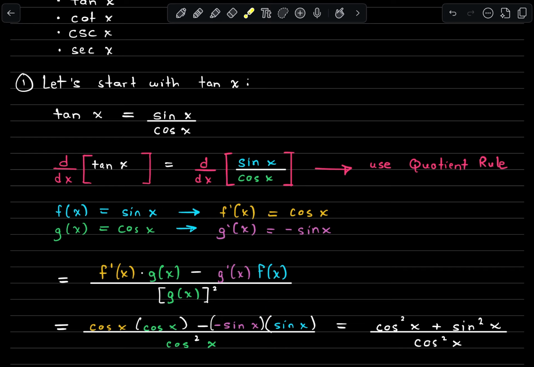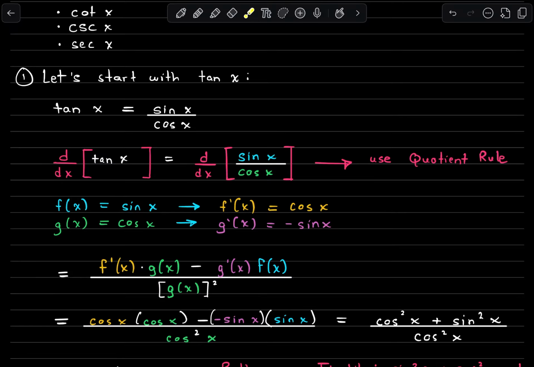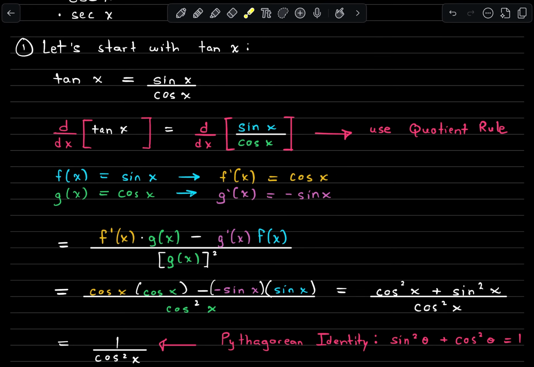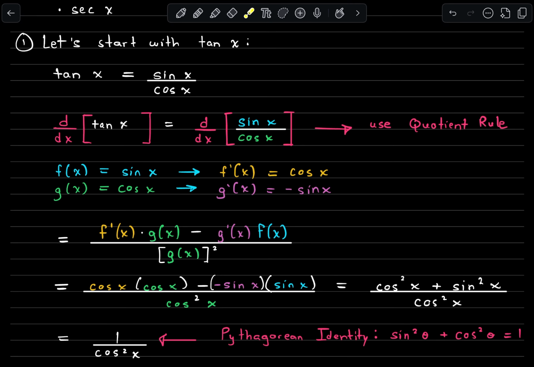We're going to get cosine times cosine minus negative sine times sine, all of it over cosine squared. Those negatives will give us a positive. We'll get cosine squared x plus sine squared x over cosine squared x. Now, if you remember, we have a Pythagorean identity that you may have seen in pre-calc.